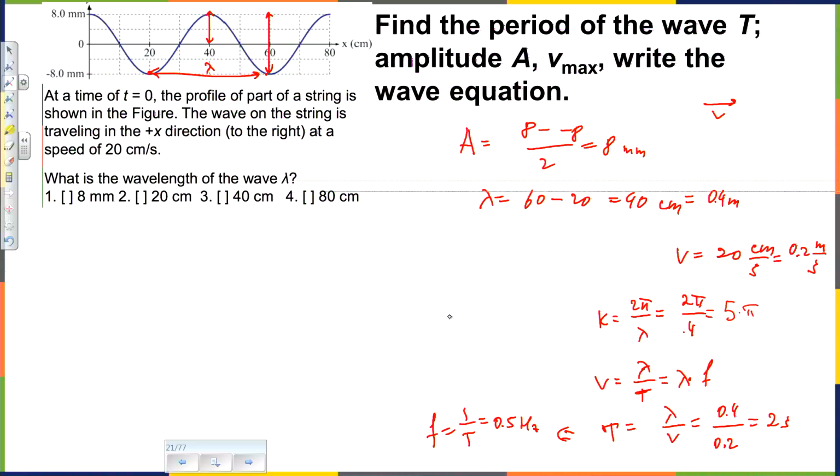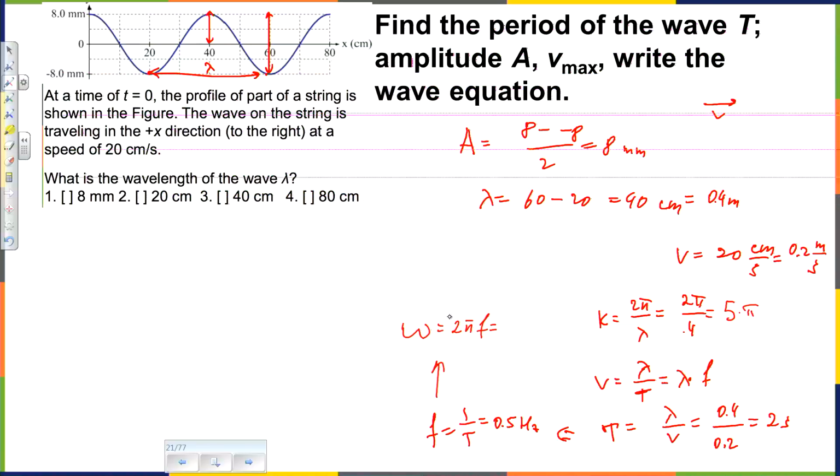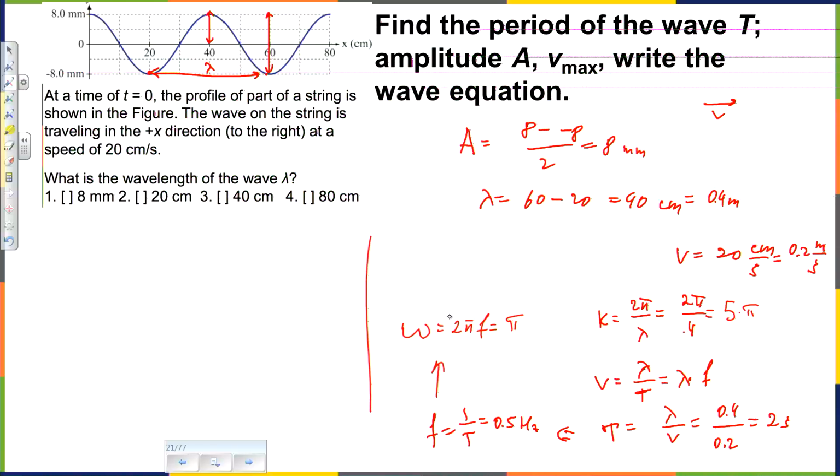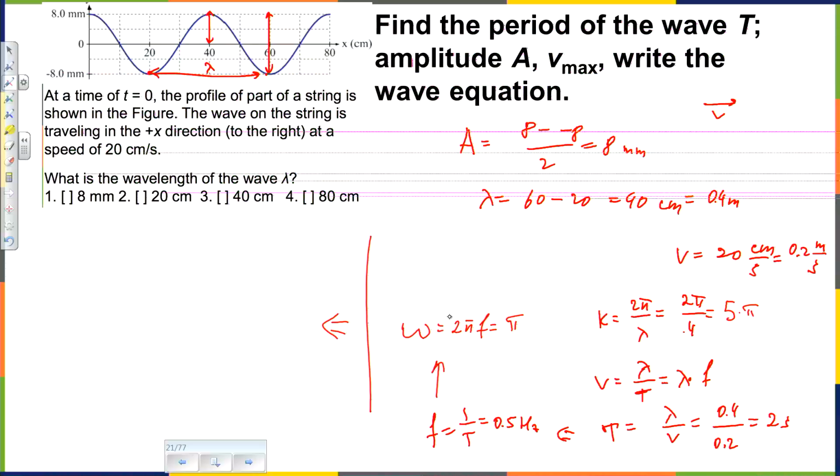And I want to keep the number pi. And angular frequency, 2 pi regular frequency, just a pi. Now we can combine everything, and let's see.